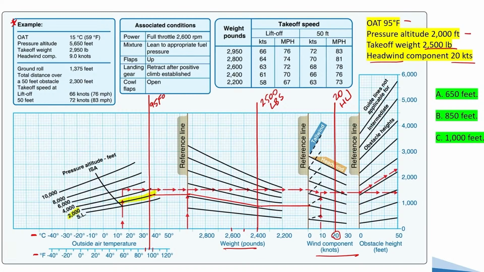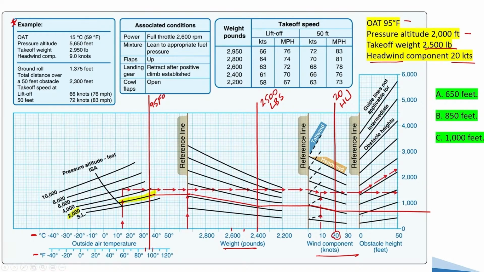In this case, I am just going to follow that all the way down. Once I get to my line, once again, it is a straight shot across. And that is the reference line right there as well.